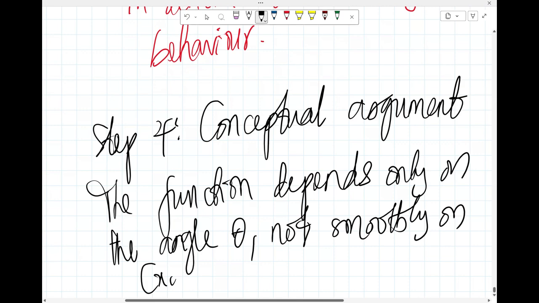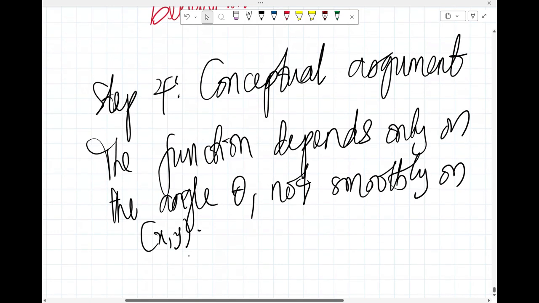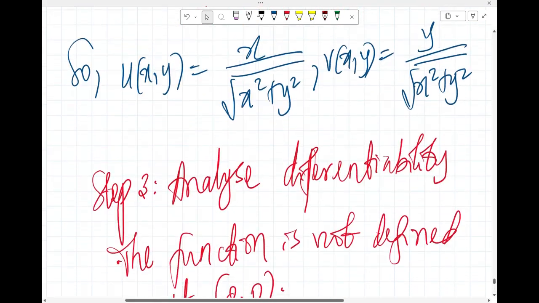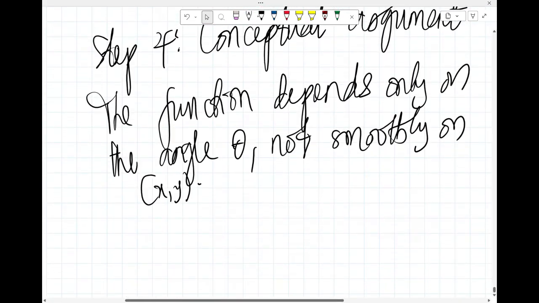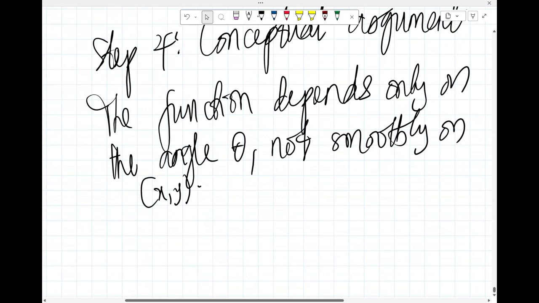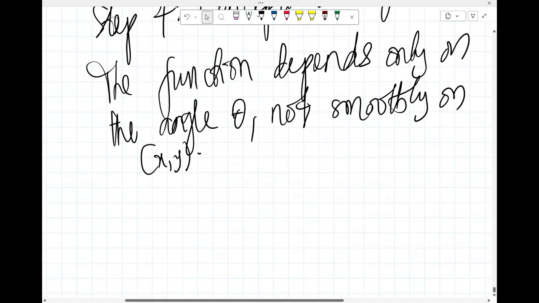And one thing we said the other time is, for you to know that a limit exists, the limit must only depend on r in polar form. If it depends on theta, then the limit doesn't exist, and that's what we have playing out here.